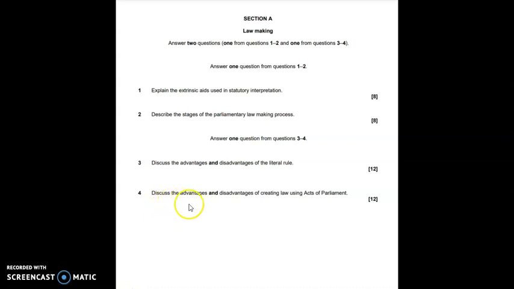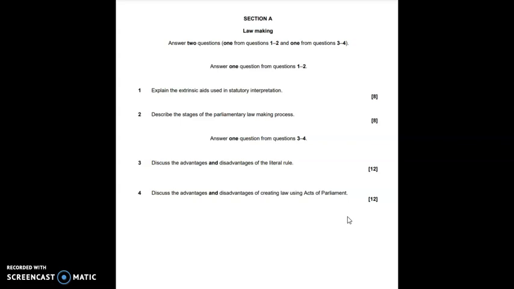Alternatively, you may prefer to discuss the advantages and disadvantages of creating law using Act of Parliament. In this question, you'd need to be talking about the fact that that is the alternative to creating law through common law. And of course, advantages of parliamentary lawmaking are that it's democratic and it's being made by elected representatives.